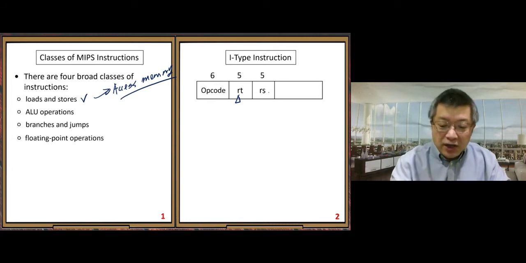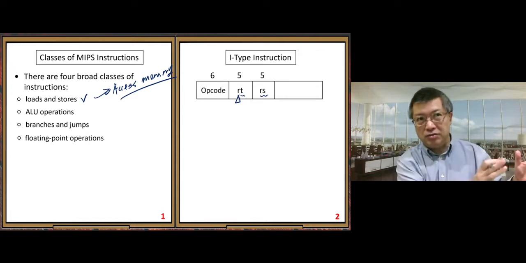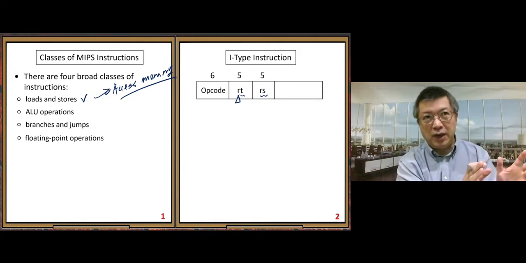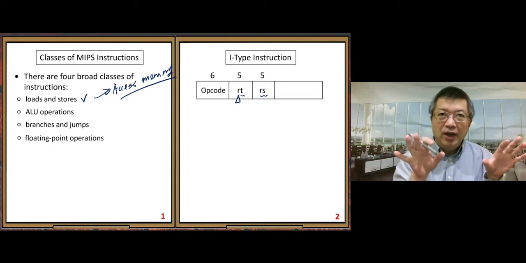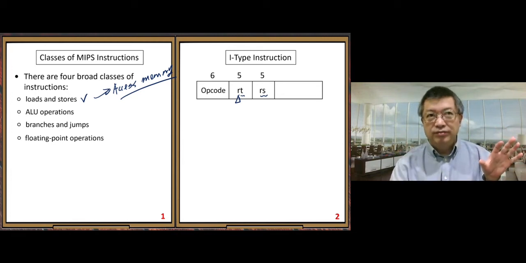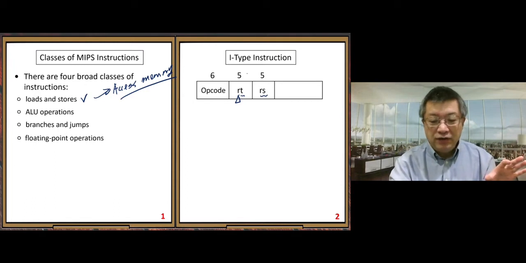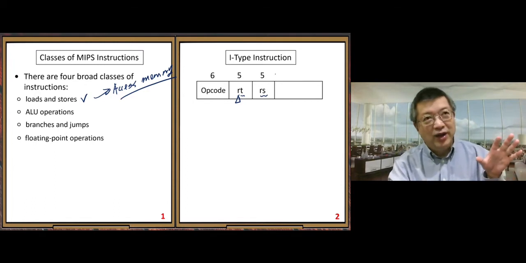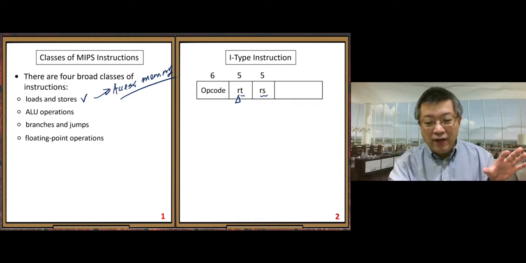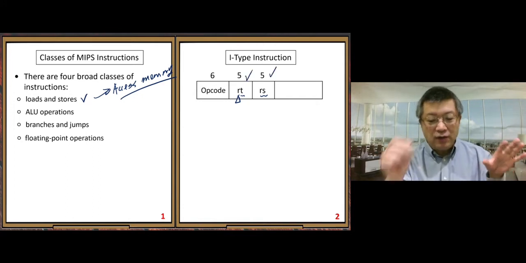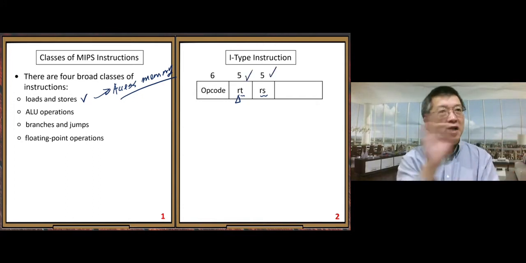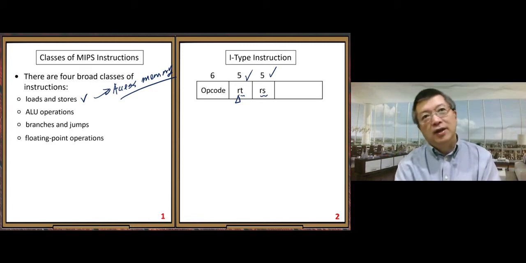Now you can see the meaning of S and T. R refers to the register field, but we need to separate them. The first register field is RS. Although it comes after the RT, usually we say the first register field, the second register field: RS, RT.